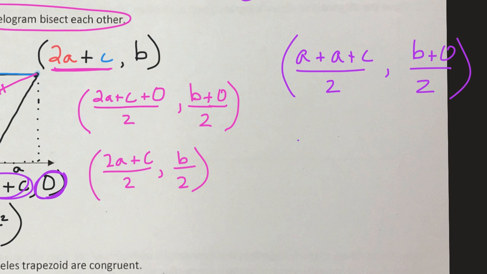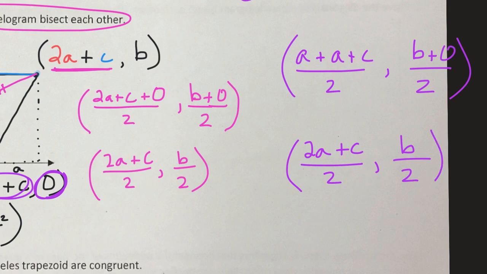Okay, so let's do some simplifying. a plus a is 2a, plus c, divided by 2. And then, of course, b plus 0 is just b over 2. And look at what you see. Those are the exact same formulas for both midpoints. So that means they both have to be the same point.